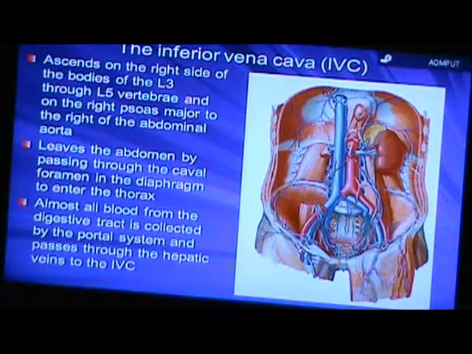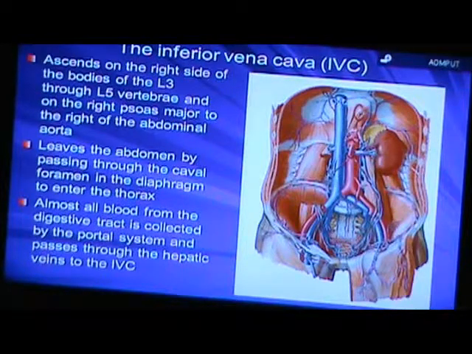Almost all blood from the digestive tract is collected by the portal vein and passes through the hepatic veins to the inferior vena cava.